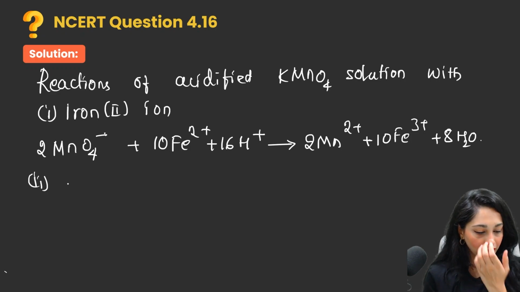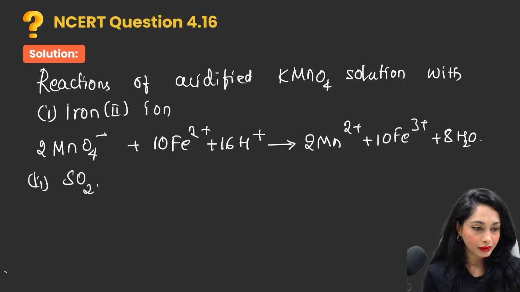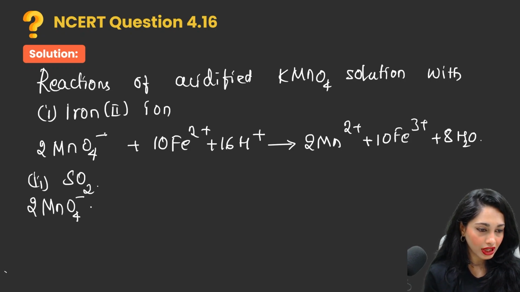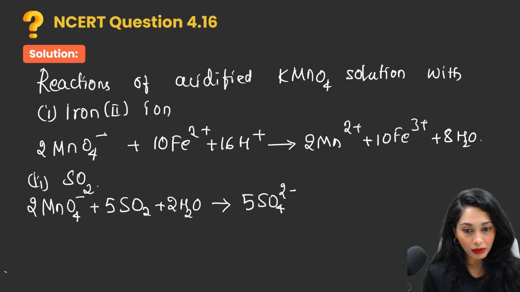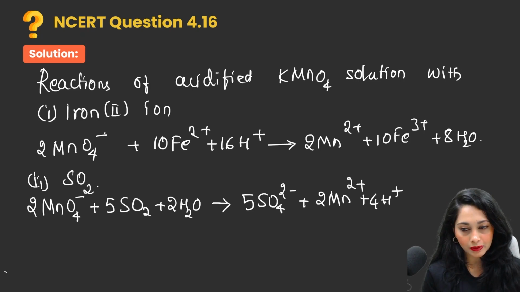Second one, we have sulfur dioxide. So the reaction is as follows. 2MnO4 minus plus 5SO2 plus 2H2O gives 5SO4 2 minus, sulfate ion, and then 2Mn2 plus and 4H plus.